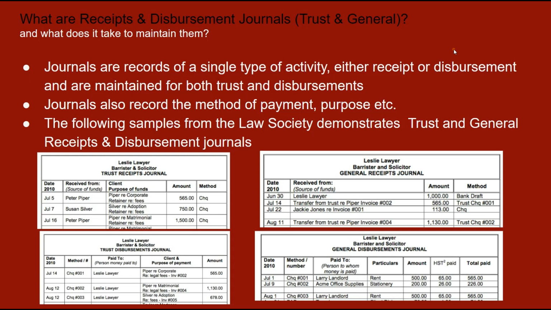And keep in mind, one important aspect of the general account is that, especially when it comes to disbursements, the general disbursements journal typically would include money that you've spent on behalf of a client, but it could also be money that you spend on behalf of your business.